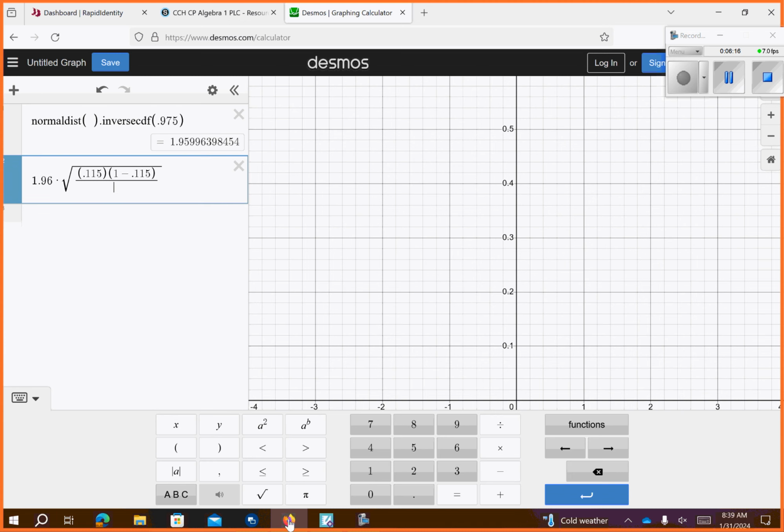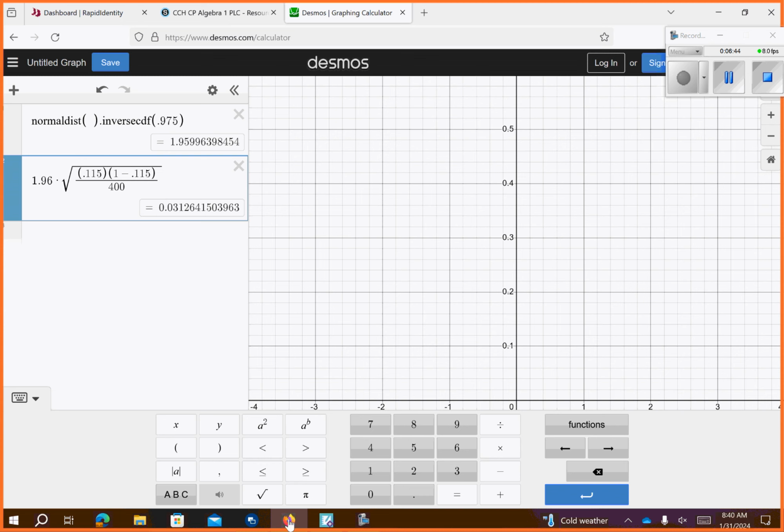And then divided by 400 people total. Oop, not 4,000. 400. So our confidence interval is going to be roughly plus or minus 0.031, which is 3.1%.